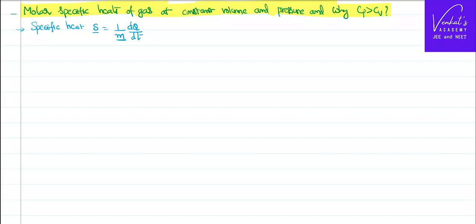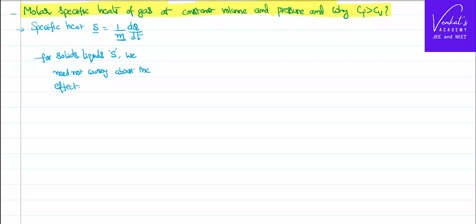So when you are talking about specific heat of solids or liquids, we need not worry about the effect of pressure. Pressure has no impact at all on the volume while you are talking about specific heat.